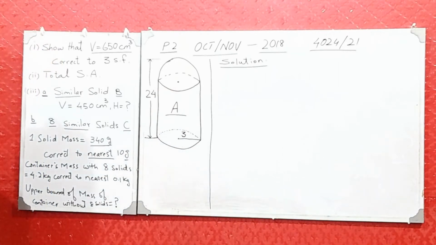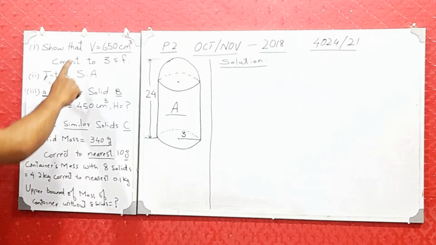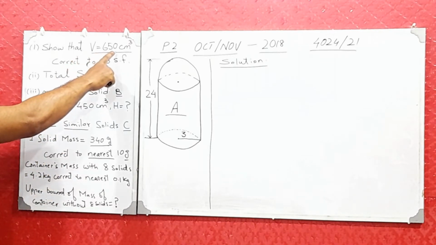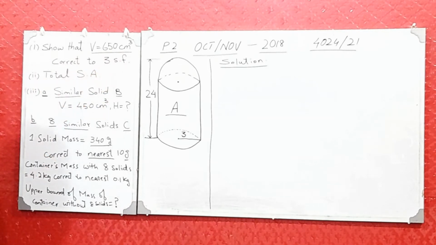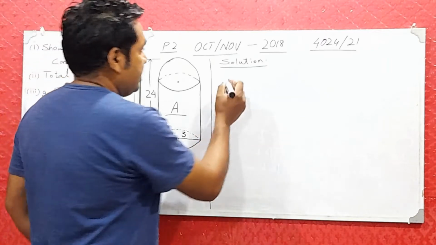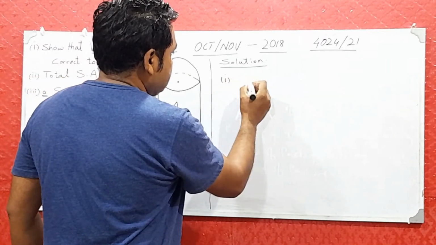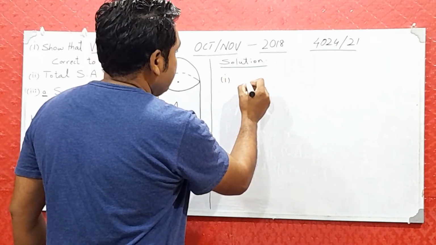Now what we are supposed to do, in the first part we are just going to show that its volume is 650 cubic centimeter, correct to 3 significant figures. This is a very simple part, you can easily do it. You are supposed to find its total volume.